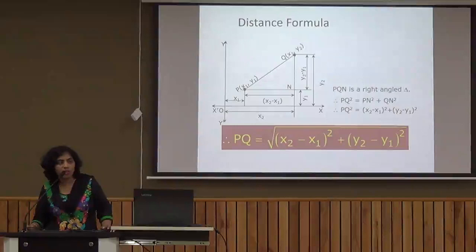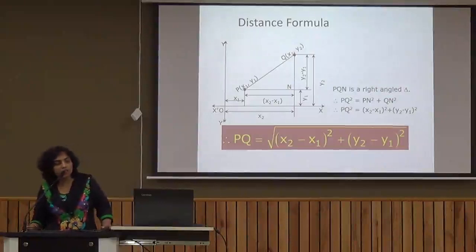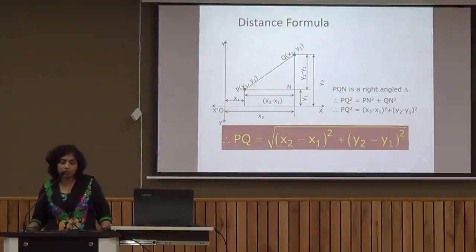When we draw a line through P parallel to the x-axis and a line through Q parallel to the y-axis intersecting at point N, we get right angle triangle PQN. So PQ square is equal to PN square plus QN square by Pythagoras theorem. So let's see what PN and QN will be.